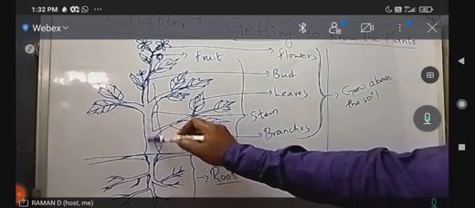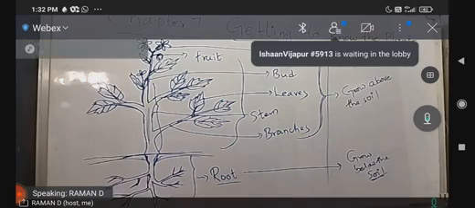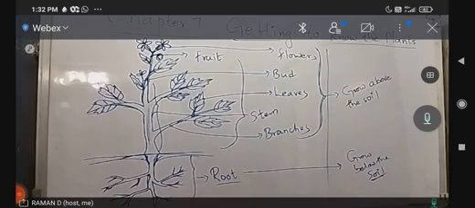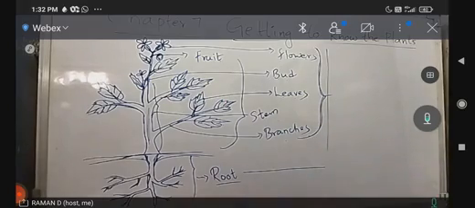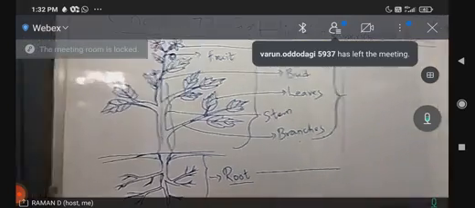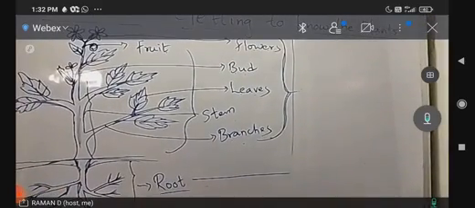Strength means the energy to hold, the energy to bear something. Based on the strength of their stem, plants are divided broadly into two types. This classification is not there in your textbook, but I am just explaining it.